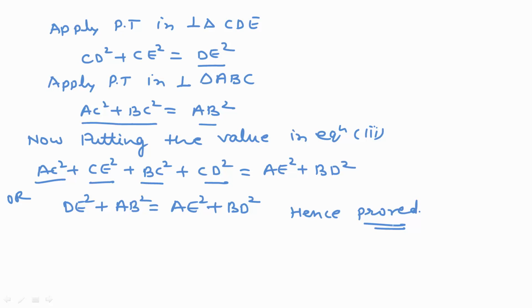Now see the next question, question number 14. The question number 14 is: the perpendicular from A on side BC of a triangle ABC. This is your triangle ABC.